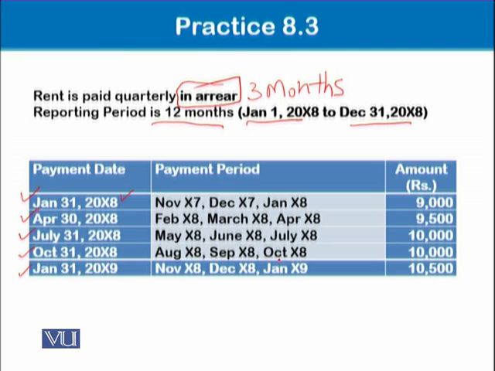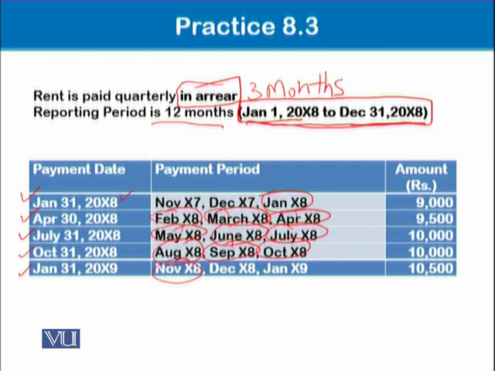Here, I just want you to do one practice, just to point out which months fall in this period. So November 7 and December 7 are not months falling in this period. Yes, you are right. January 8, February, March, April, May, June, July, August, September, October, November and December.